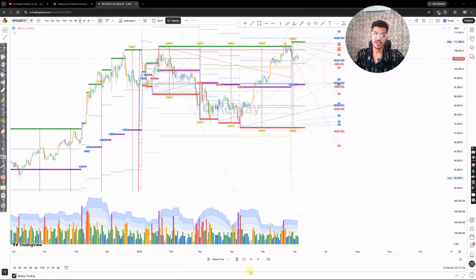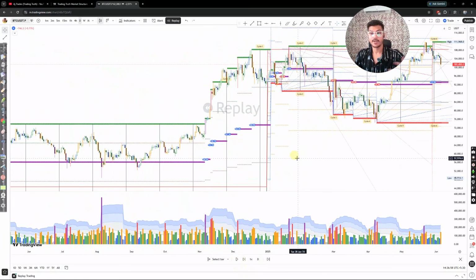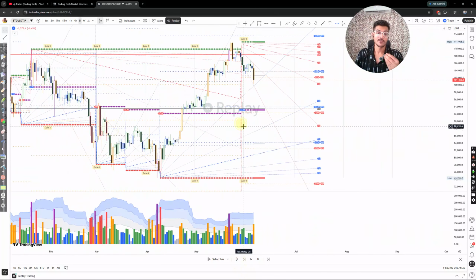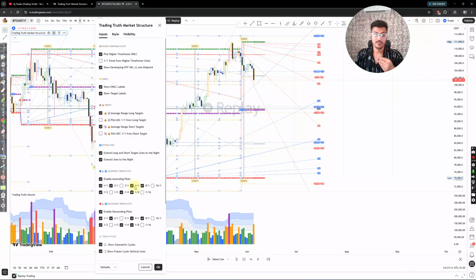So all these trend lines, it's plotting for you automatically. You don't have to draw any line. If you do want to draw any line, just come here and check all this stuff, one by one, and you can make sense of the market, what it's trying to do, what it's telling you, all this cool stuff.